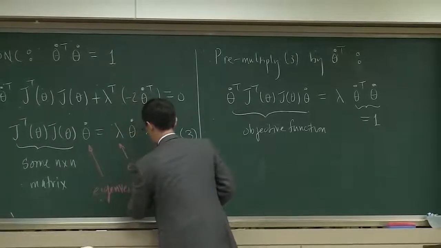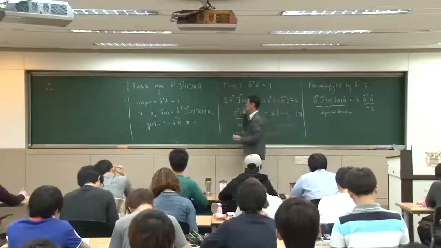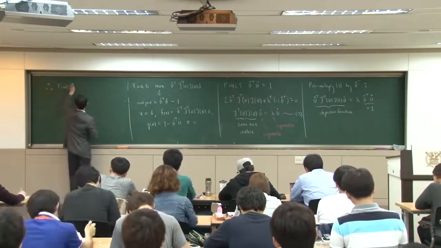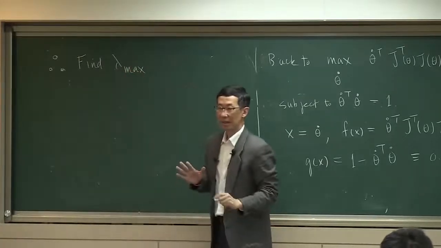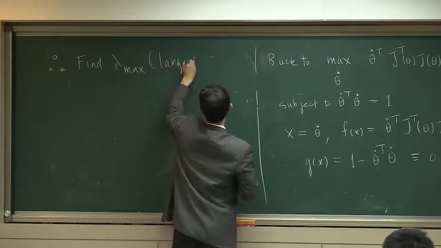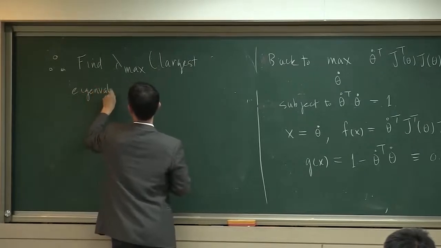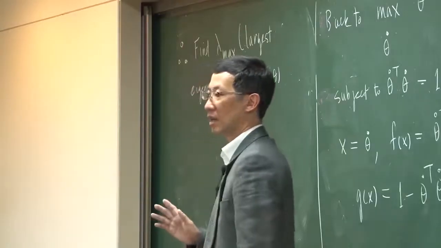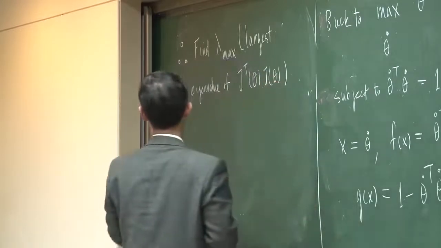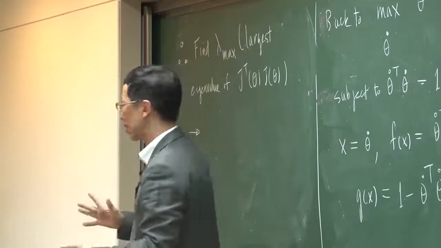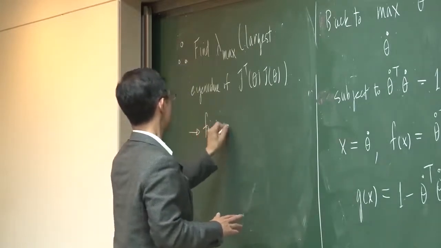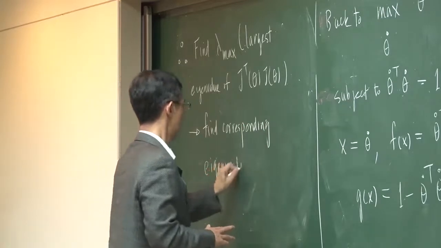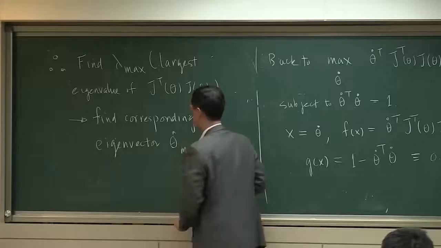So if we want to solve this problem, what we do is find lambda max, which is the largest eigenvalue of J transpose J. Find that first, and then find the corresponding eigenvector, theta dot max. And that's your answer.